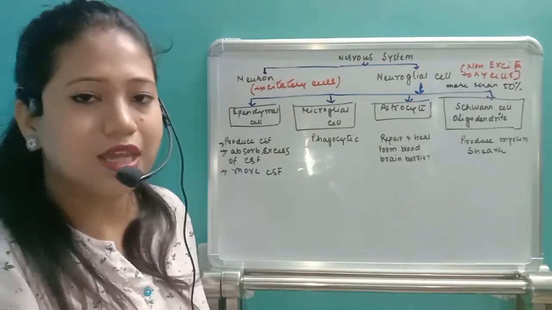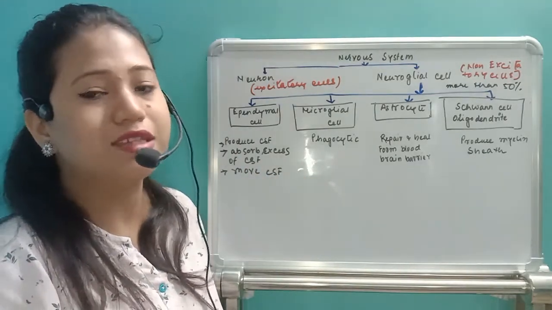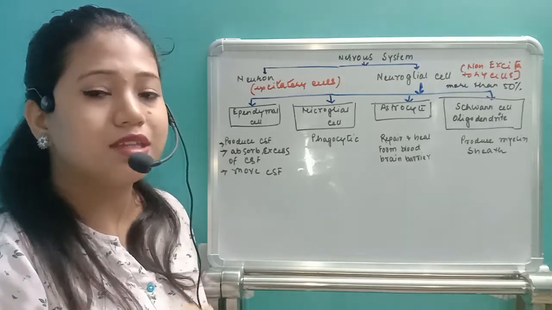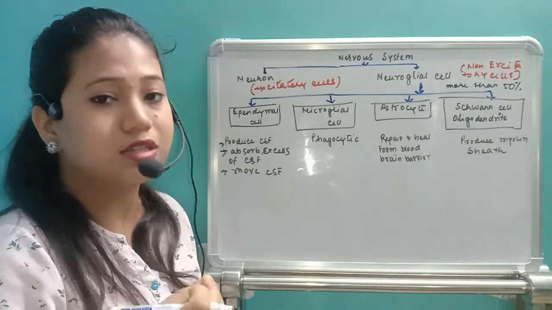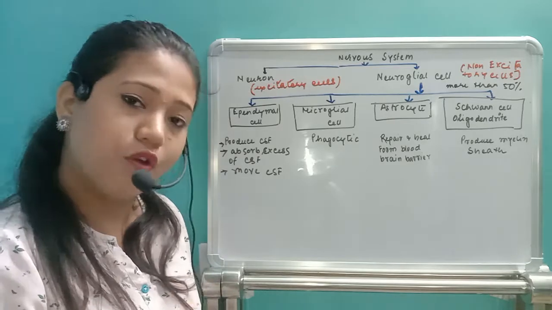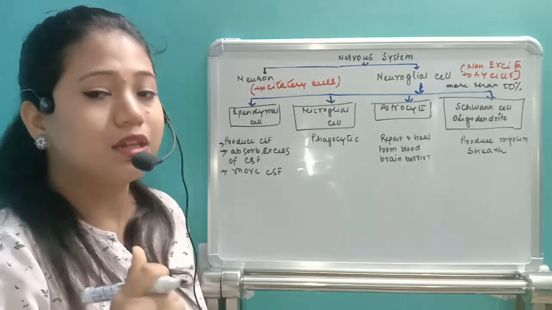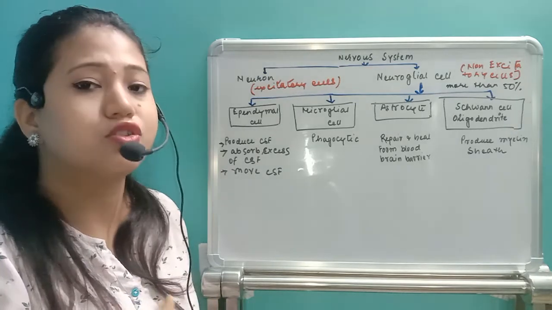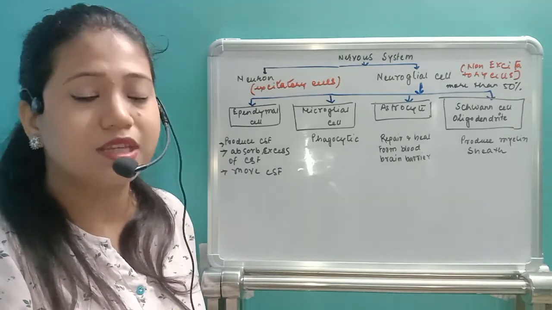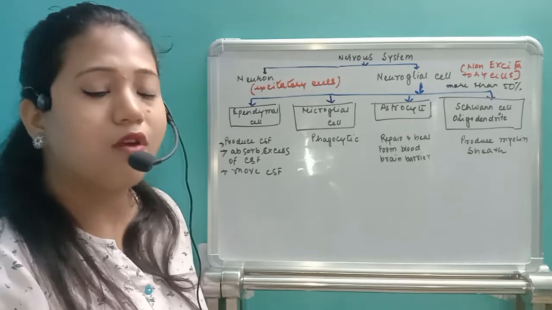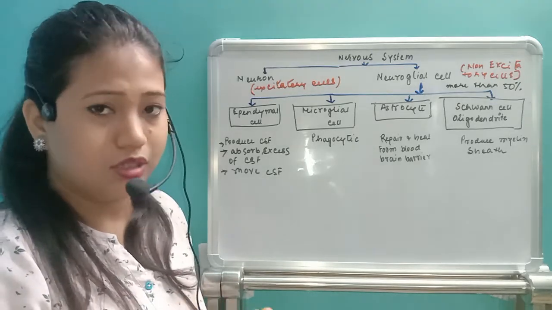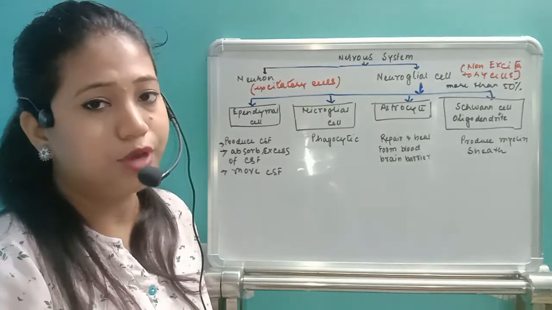CSF, as you already know, is cerebrospinal fluid. Cerebrospinal fluid is one specialized type of fluid which is formed from the blood itself, but this CSF will not have any type of impurities, toxic or drug materials in it. So it is the purest form of blood which will transport the nutrients and oxygen, the gases, to the brain.